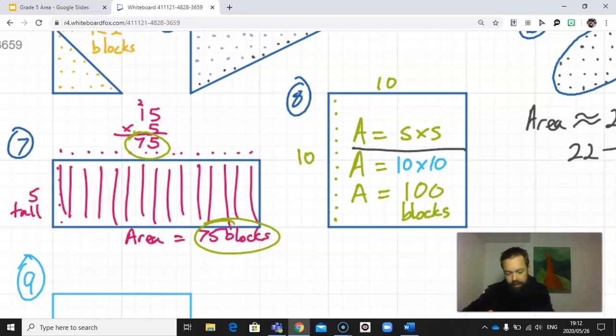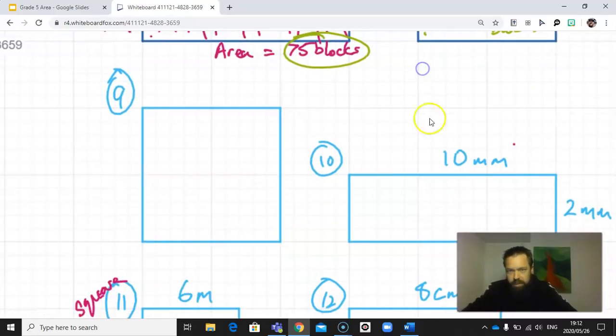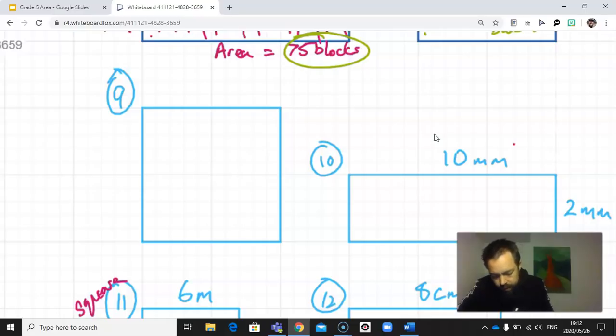Let's look at number 9, because I have a feeling number 9 is also a square. But this time things are going to be different, because instead of counting the blocks, I'm going to say that this is 10 centimeters. I realize it's not 10 centimeters, but let's pretend it's 10 centimeters. Because it's a square, both of them are 10 centimeters.